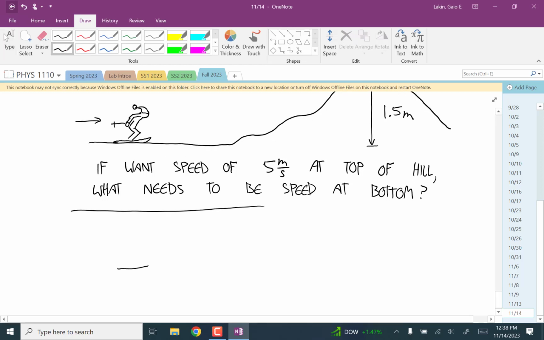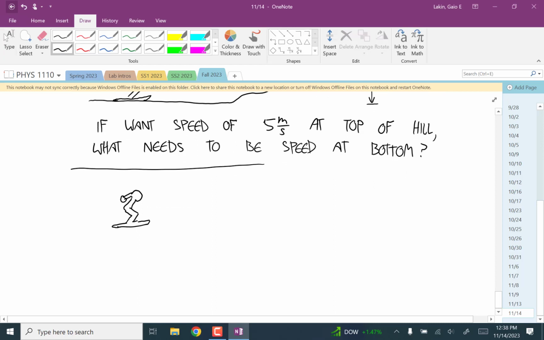So let's think about a free body diagram for a second. There's a weight force, and there's a pushing force. This weight force is conservative. We have a potential energy function for that, so that's fine.